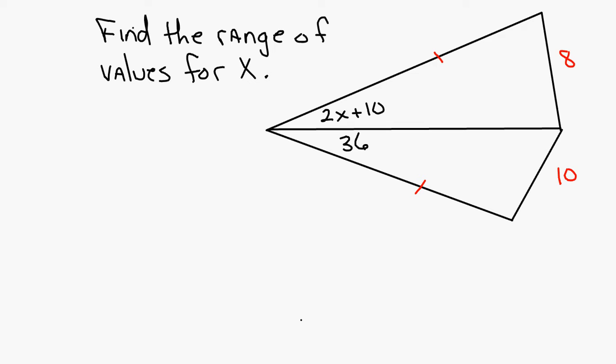The first thing that you're going to determine is which of the two given angles is larger than the other. So is the 2x plus 10 greater than 36 or is it less than 36? It's less than 36 because the side opposite is smaller than the side opposite. So watch, when you're finding a range of values, you got 2x plus 10, and it's got to be less than 36 degrees.